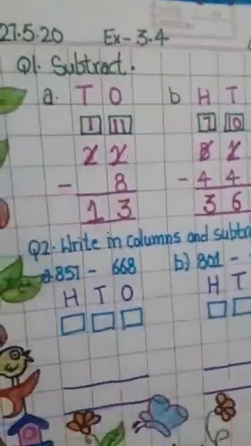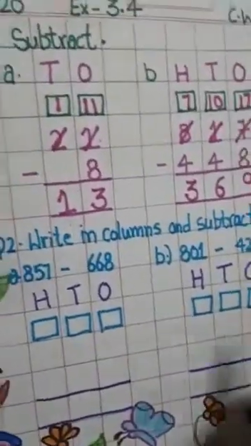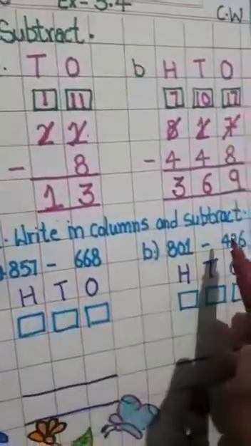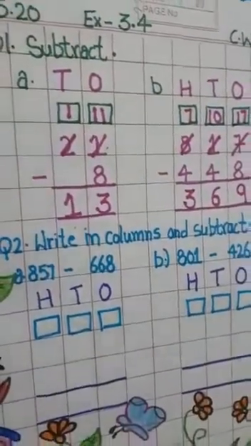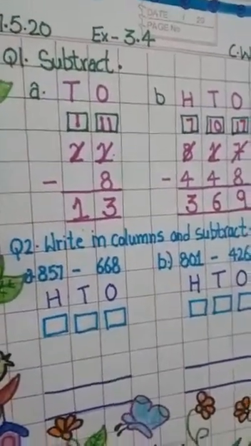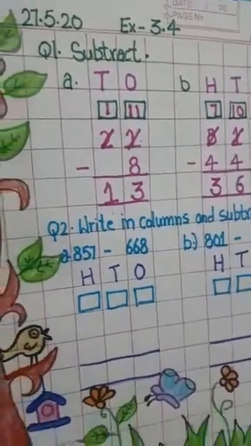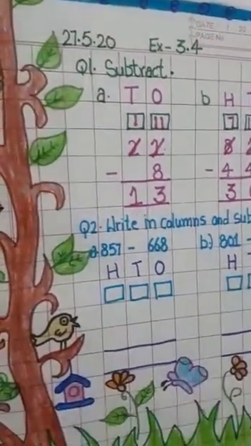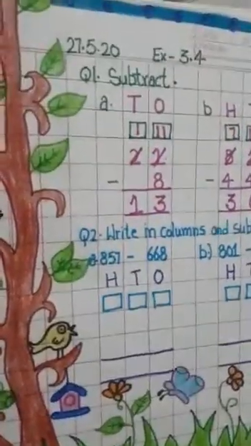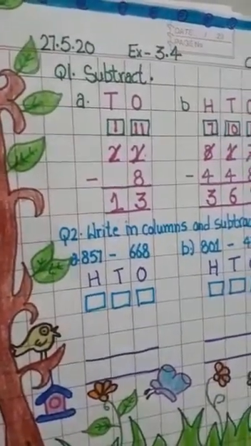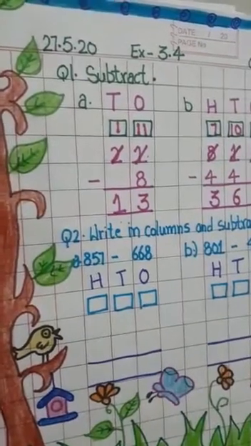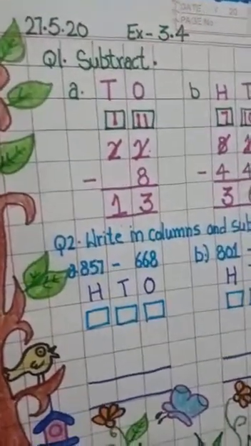The next question given in our exercise says to write in columns and subtract. It means we have to write and then subtract. The first question given is 857 and we have to subtract 668. As they have not arranged that in columns, first of all we will arrange it in columns.